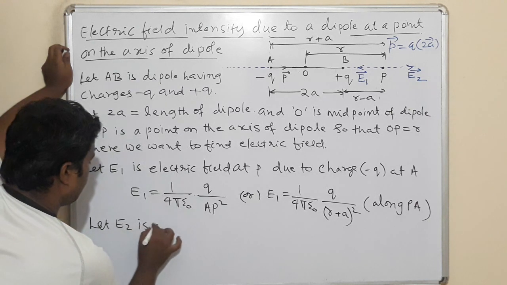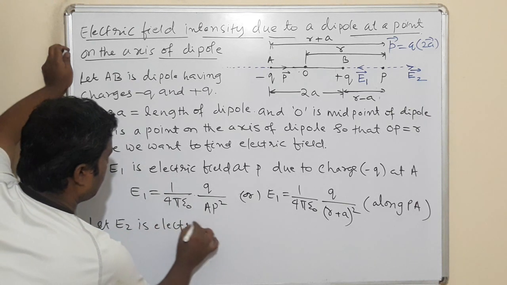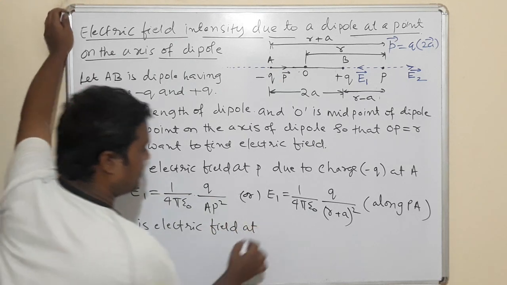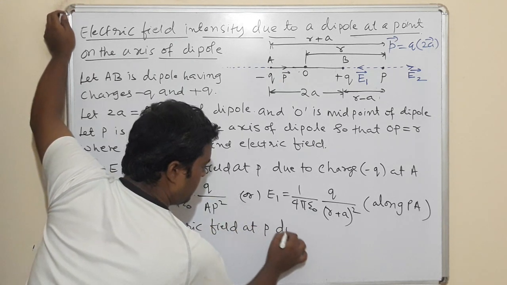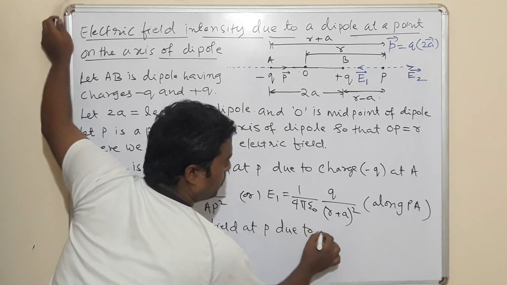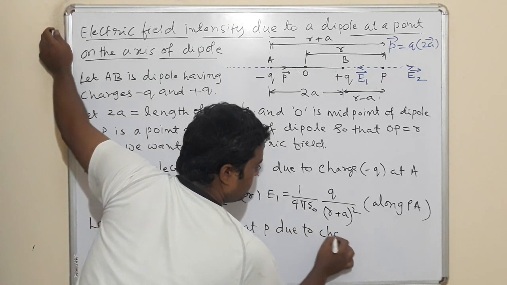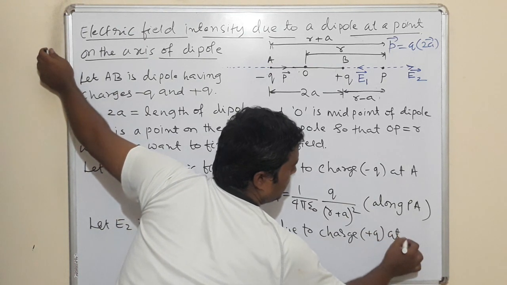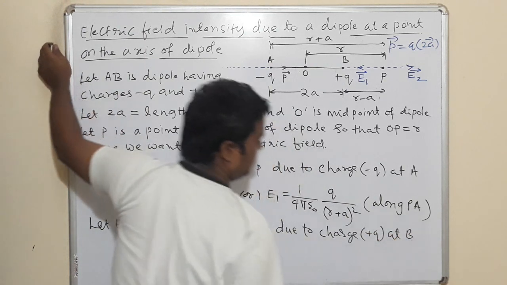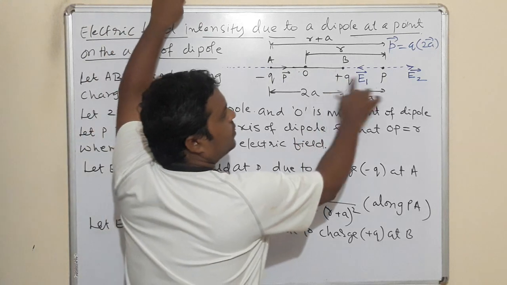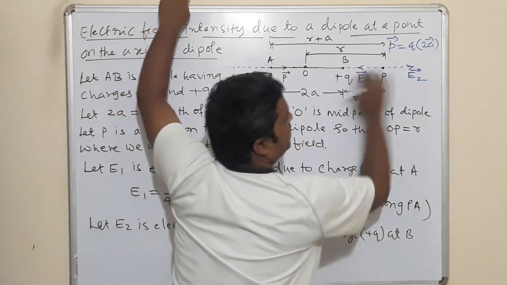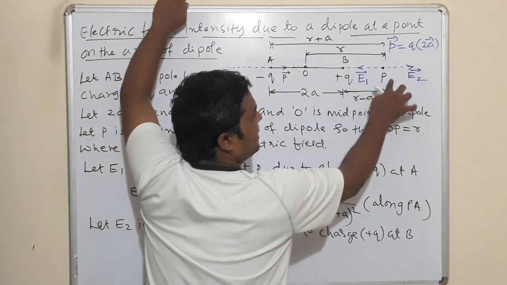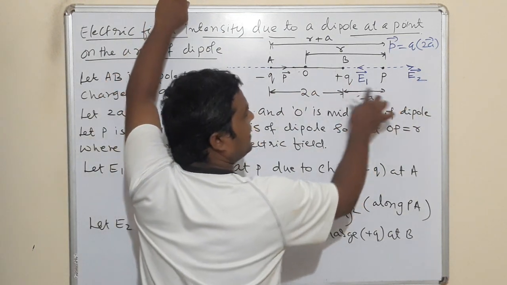Then let E2 be the electric field at P due to the charge plus Q at B. Electric field due to this charge is positive, so it should be away from the charge, like this. But what is the distance here? This is r minus a.